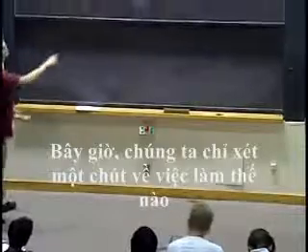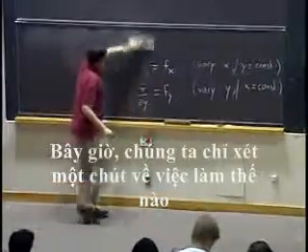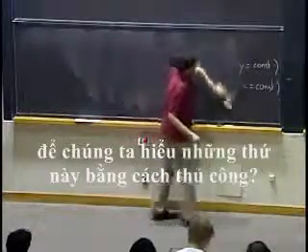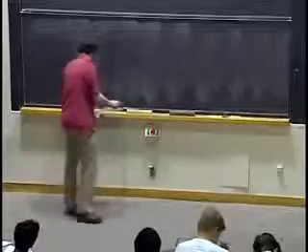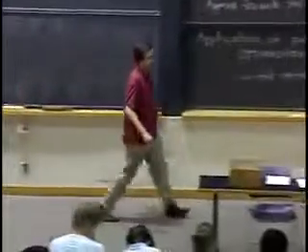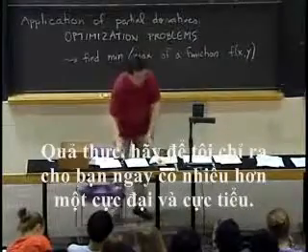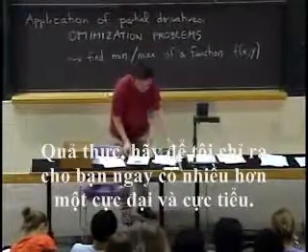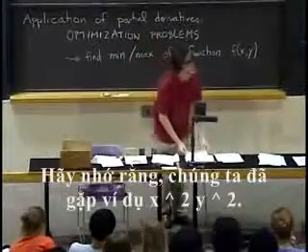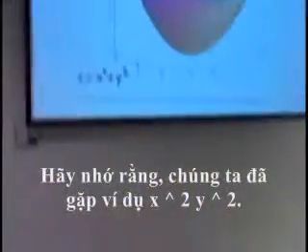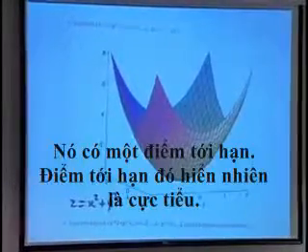For now, let's just try to look a bit at how we understand these things by hand. Let me point out immediately that there's more than maxima and minima. Remember, we saw the example of x squared plus y squared that has a critical point.